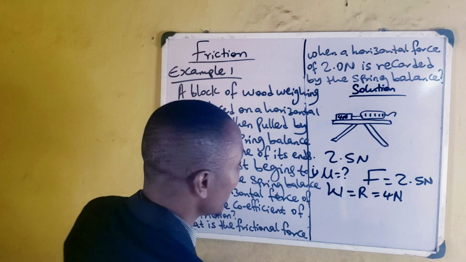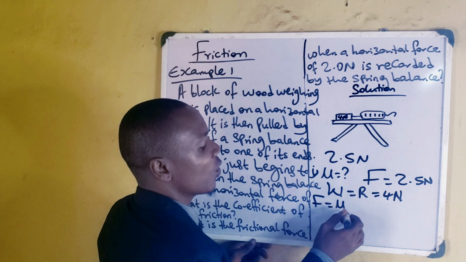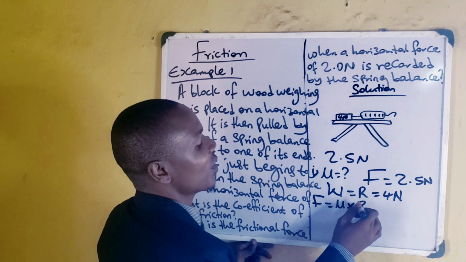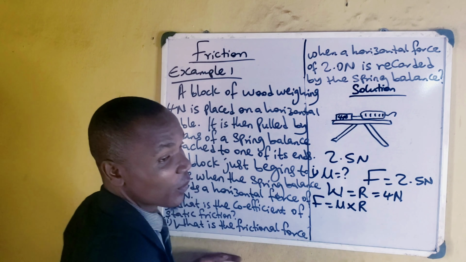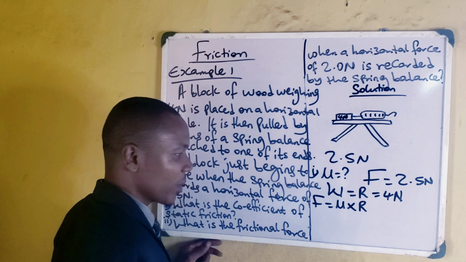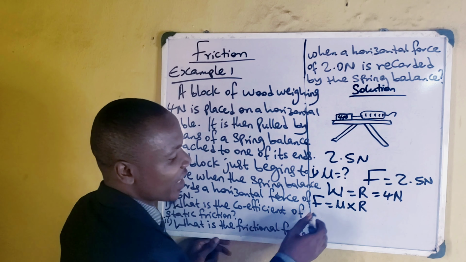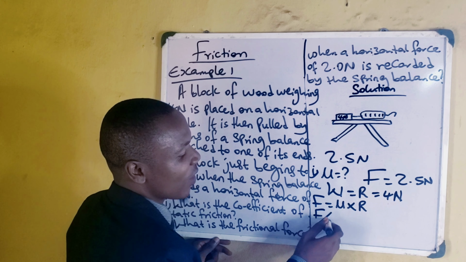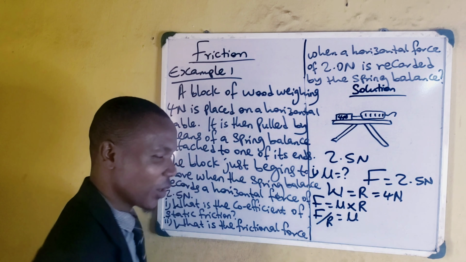All right. So I told you earlier that frictional force is equal to the coefficient of static friction times what? Normal reaction. All right. So making the coefficient of static friction the subject of the formula, this R is multiplying, coming here it will start dividing, so we are going to have F over R is equal to the coefficient of static friction.